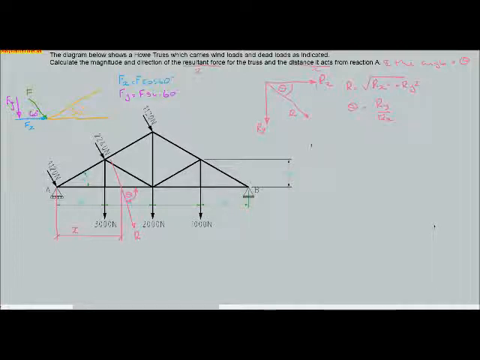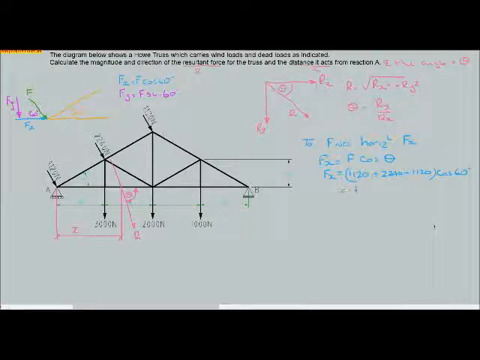So to find the horizontal, Fx is equal to F cos theta. So Fx is equal to the three forces, 2240 plus 1120 plus 1120, the sum of the forces times the cos of 60.